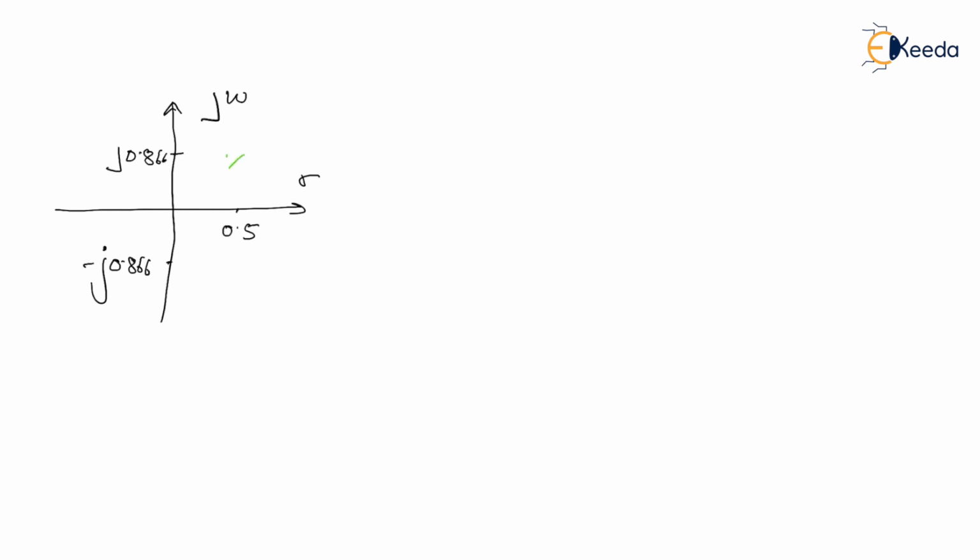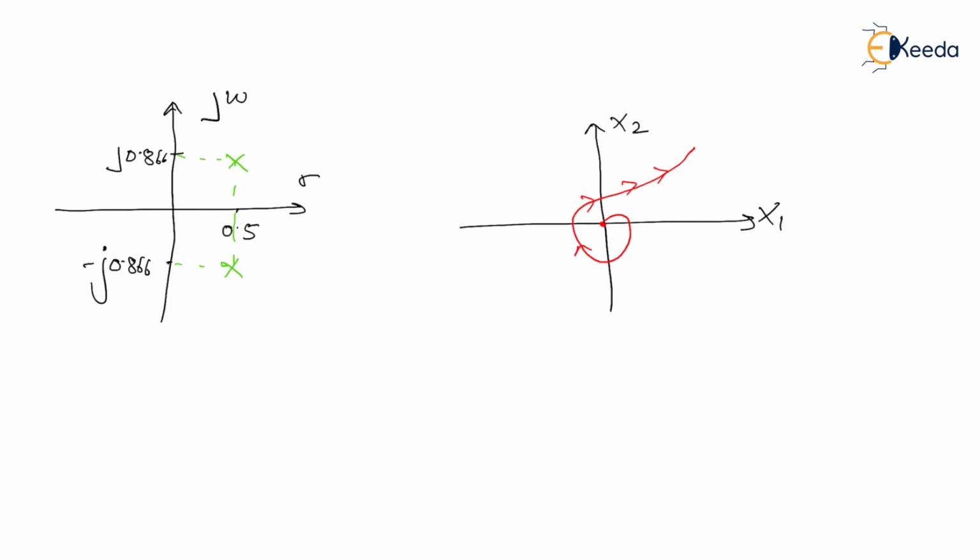The pole locations will be plus 0.5 plus j 0.866 and plus 0.5 minus j 0.866. So the trajectory will be as follows. This is x1, x2. From the origin, the trajectory is diverging away from the origin.